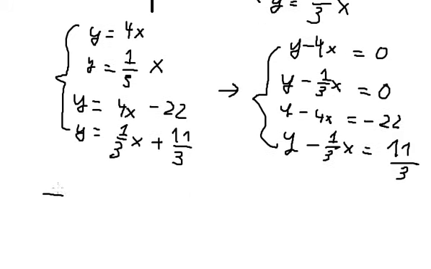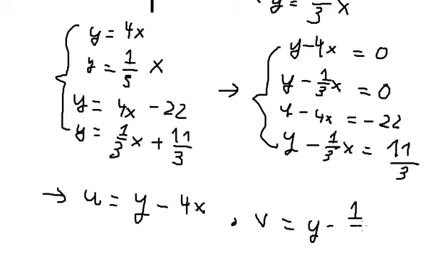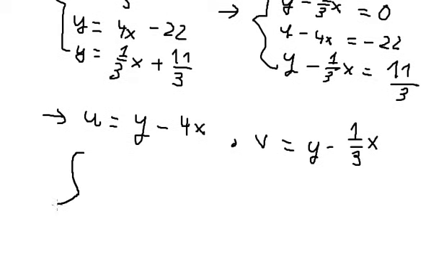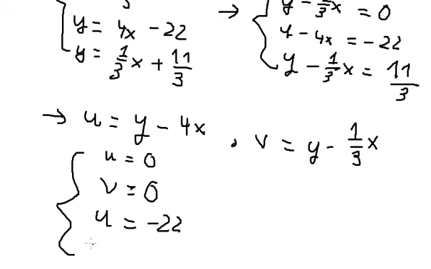Next, I will put u equals y minus 4x and v equals y minus 1 over 3x. So in this situation, we have u equal to 0, v equal to 0, and we have u equal to negative 22, v equals 11 over 3.